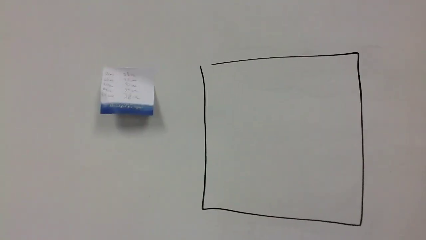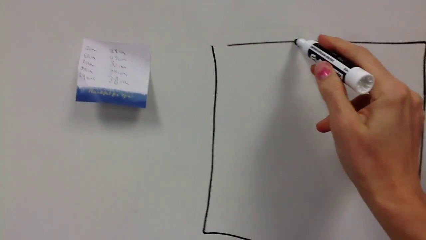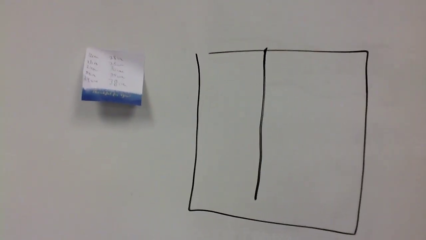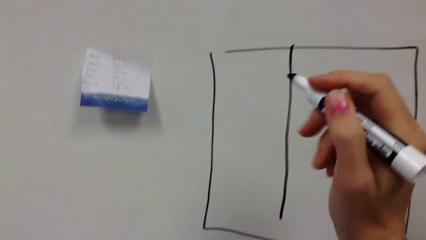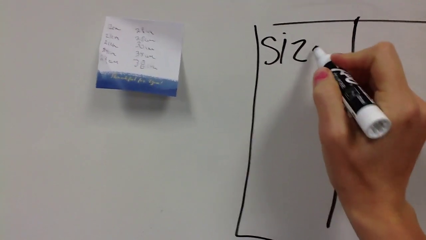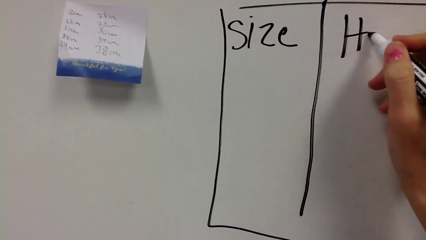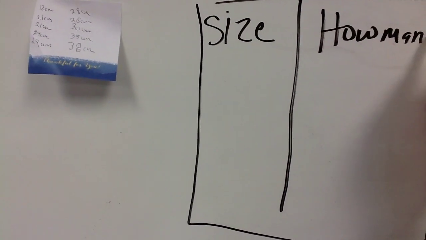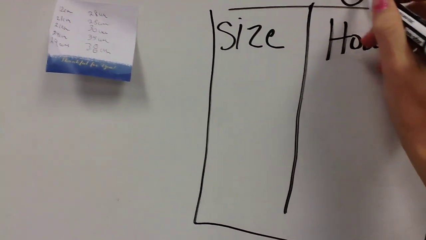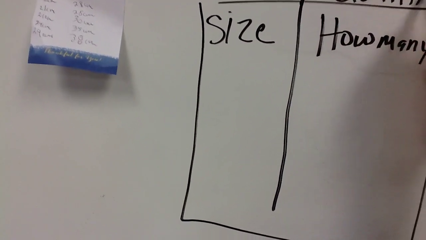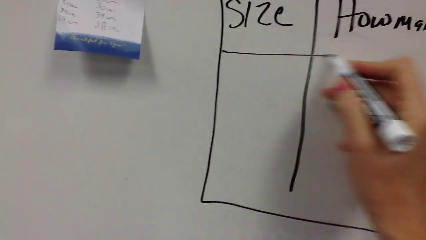So maybe you would start with a little data table that looks at the size and how many, or we would say quantity in science, quantity, the amount, okay?